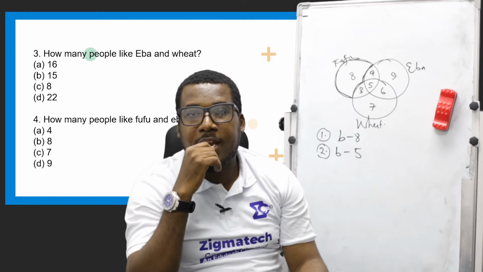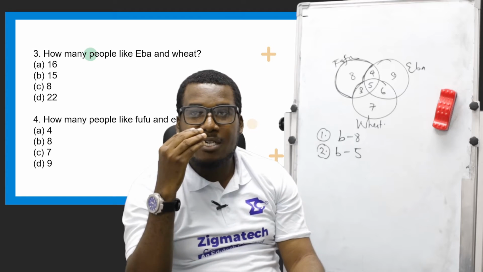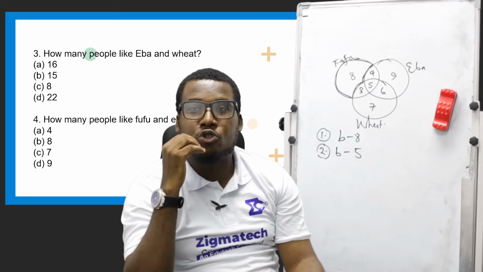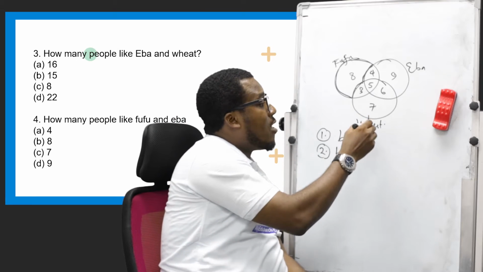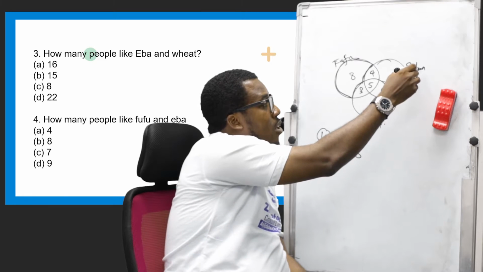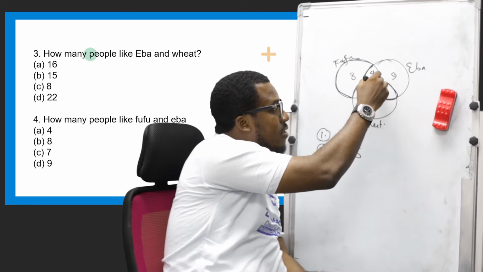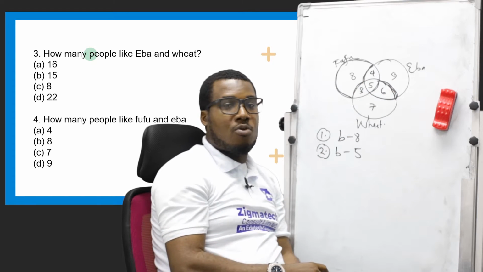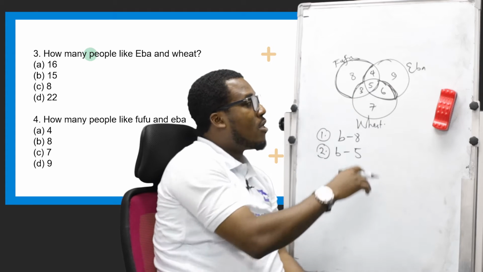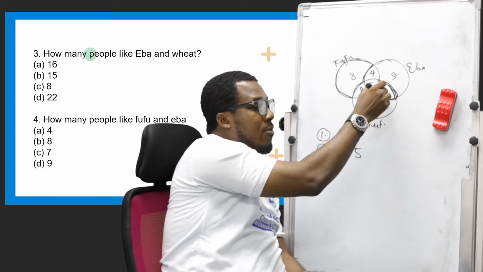Now, in your number 3, you asked, how many people like eba and wheat? They were specific on 2 particular items, eba and wheat. This is wheat, and this is eba. The point of intersection where both of them meet, this quadrant here, is what they're talking about. This is only, but this is the both of them combined.